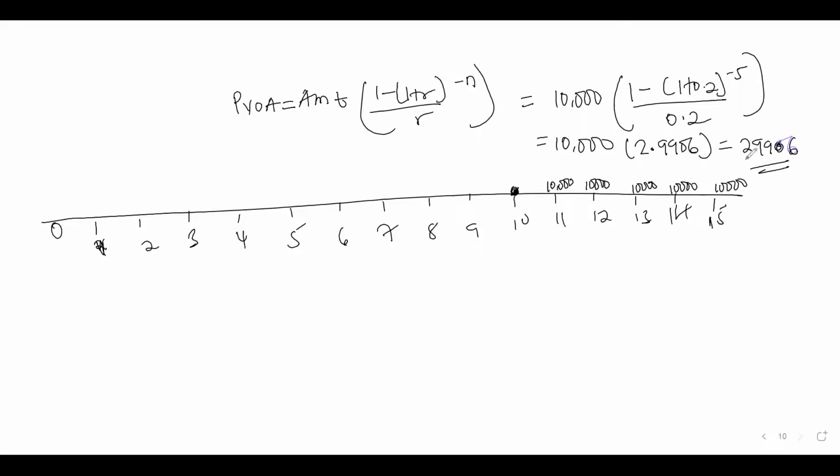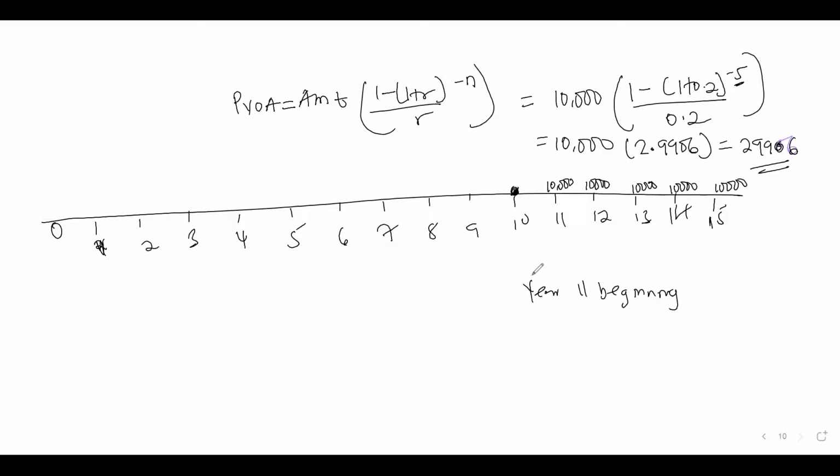So technically, this 29906 will be at the beginning of year 11, because we got 10,000 at the end of year 11, year 12, year 13, year 14, and year 15. When you discount all these, it brings you to the beginning of year 11. It won't bring you to year 0, because we used 5 years here.